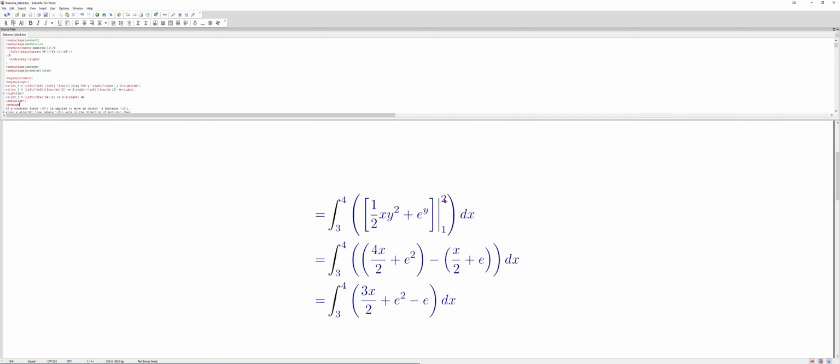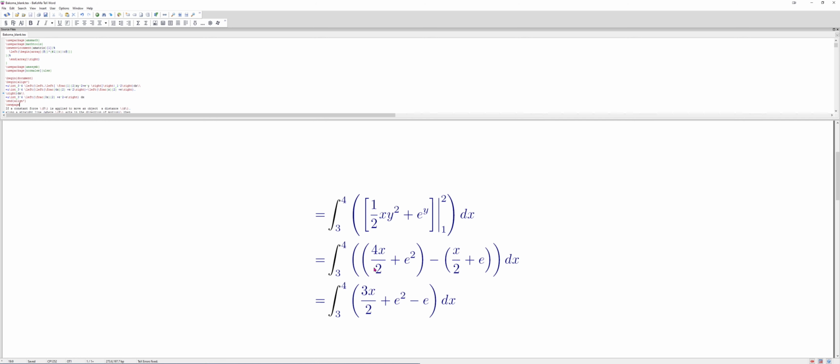When you put in y equal to 2, you get 2 squared, which is 4, so 4x on 2, and e to the 2. Then putting in y equal to 1 gives 1 squared, so x on 2, and e to the 1, which is just e. So this is when I put in y equal to 2, and this is when I put in y equal to 1.